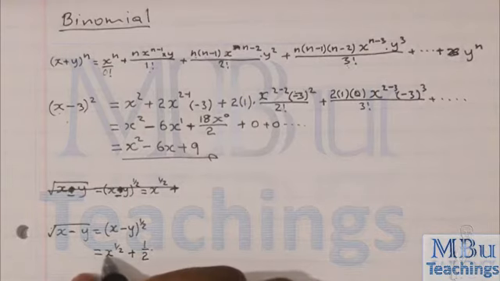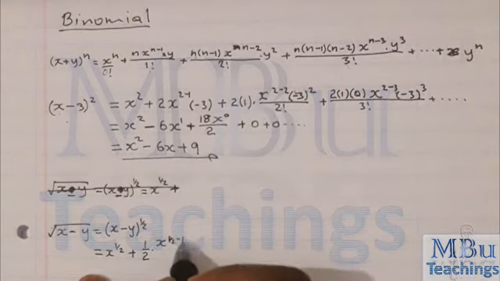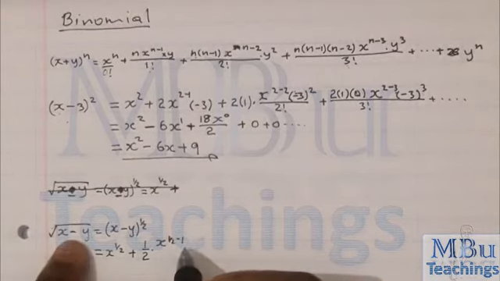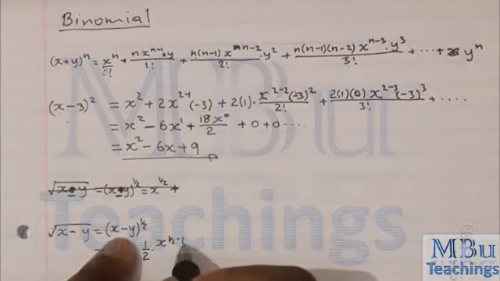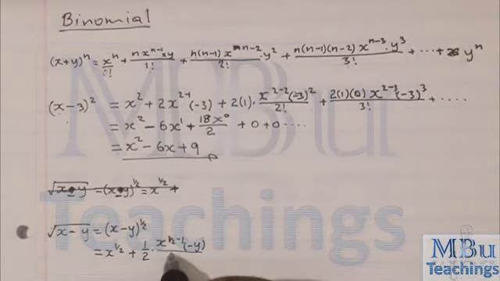Now you have that to the power 1 over 2 minus 1 times negative y divided by 1. So you can leave 1 divided by 1 factorial, but 1 factorial is still 1.